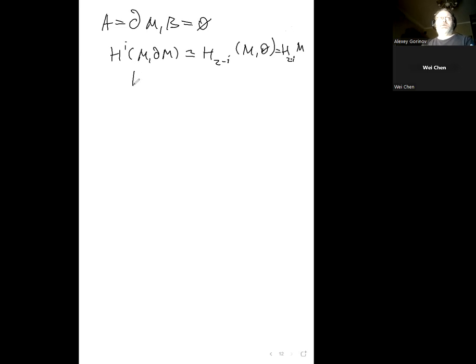This is the same as the cohomology of M, the reduced cohomology of M with 1. Sorry, not of M, of S2 with 2 points identified.